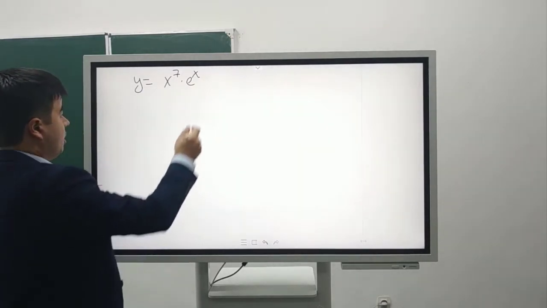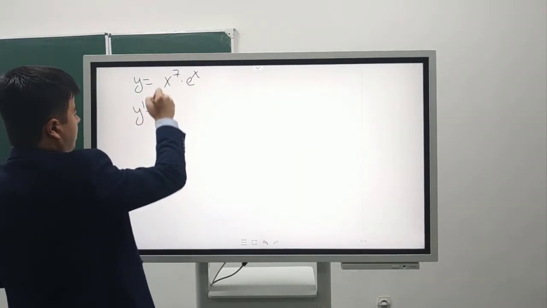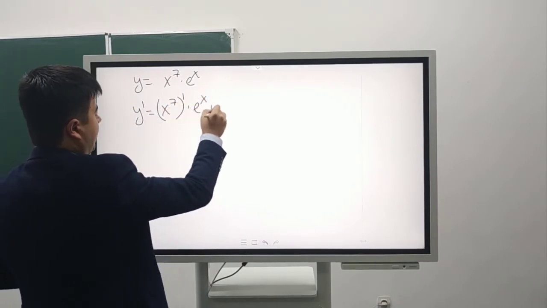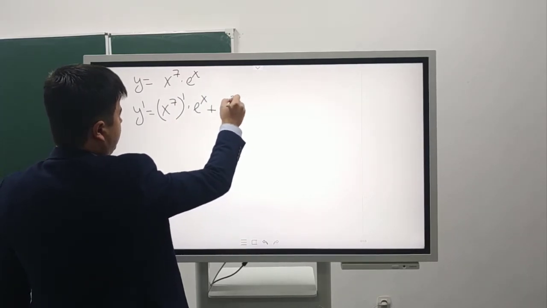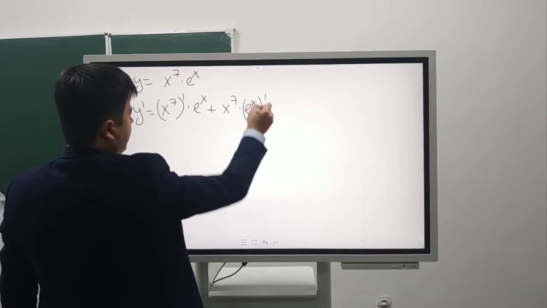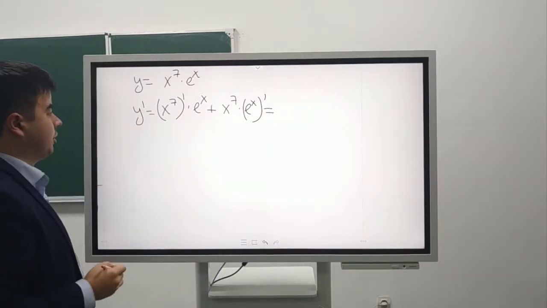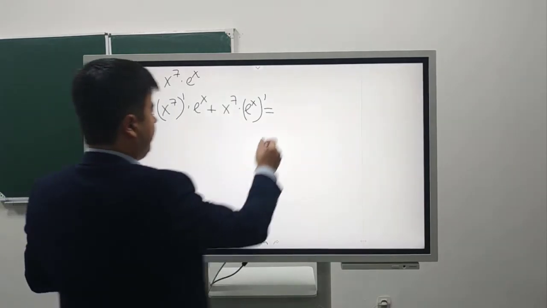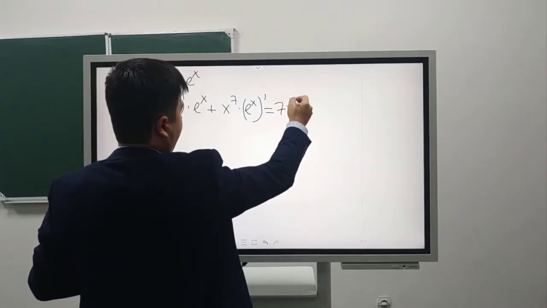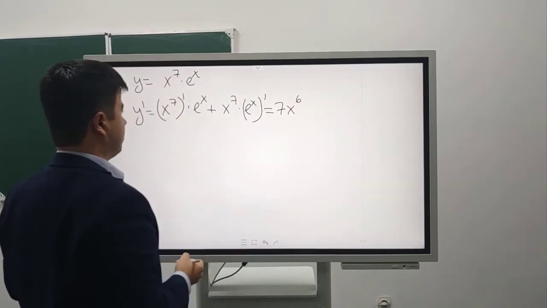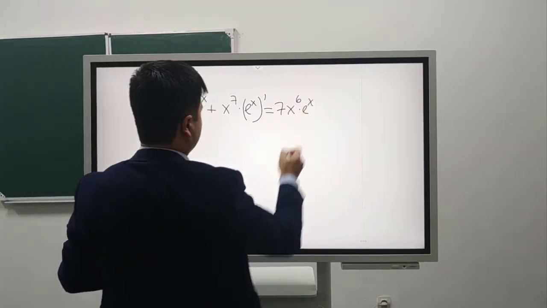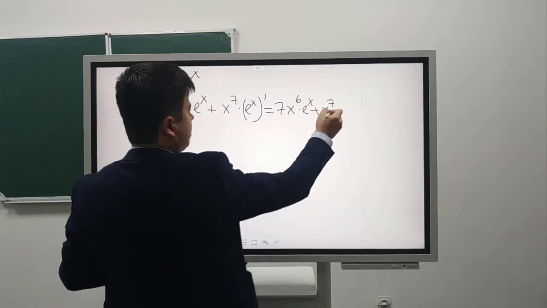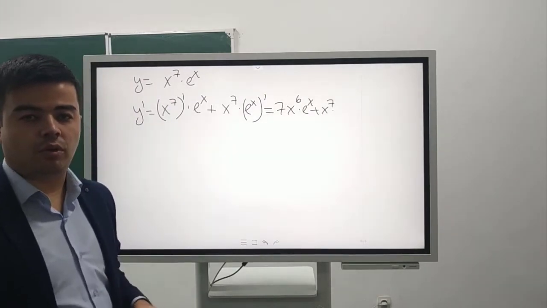So it is the derivative of the first function times the second function, plus the first function times the derivative of the second function. The derivative of x to the 7th is 7 times x to the power 7 minus 1, so 6, times e to the power of x, plus x to the 7th times the derivative of e to the power of x.